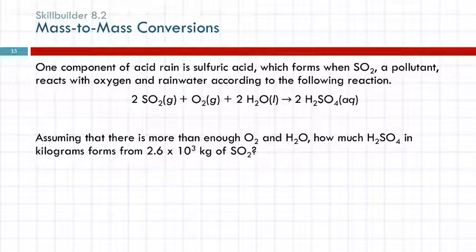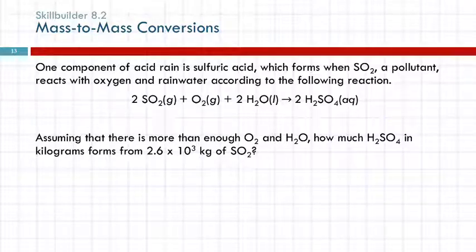So we've done 2 reactants, we've done a reactant and a product, we've done a product and a reactant, and now this one's got kilograms in it. Okay? So let's just take a deep breath and do it. There could be a problem like this on a test.